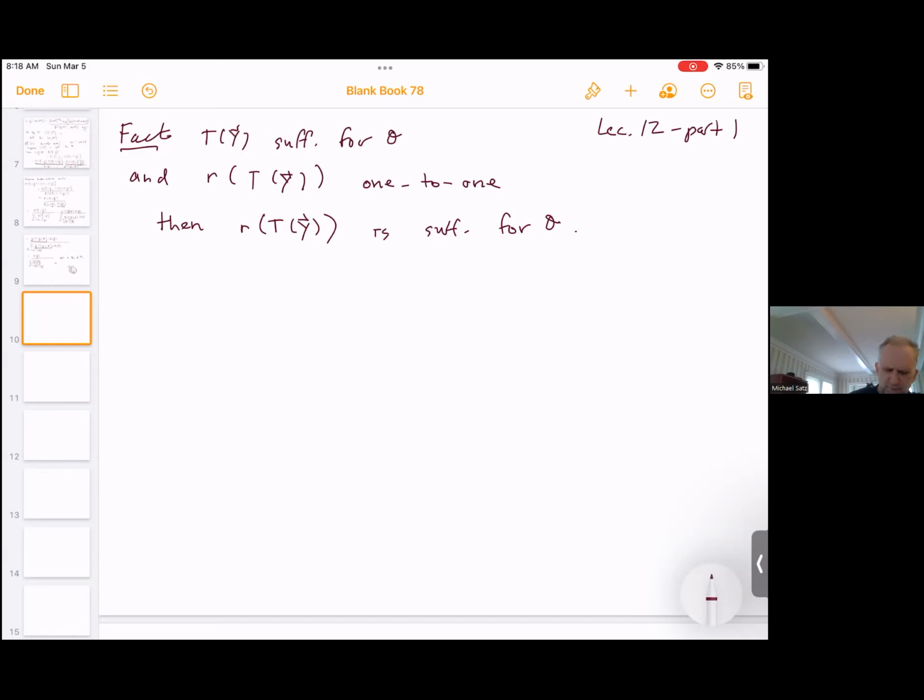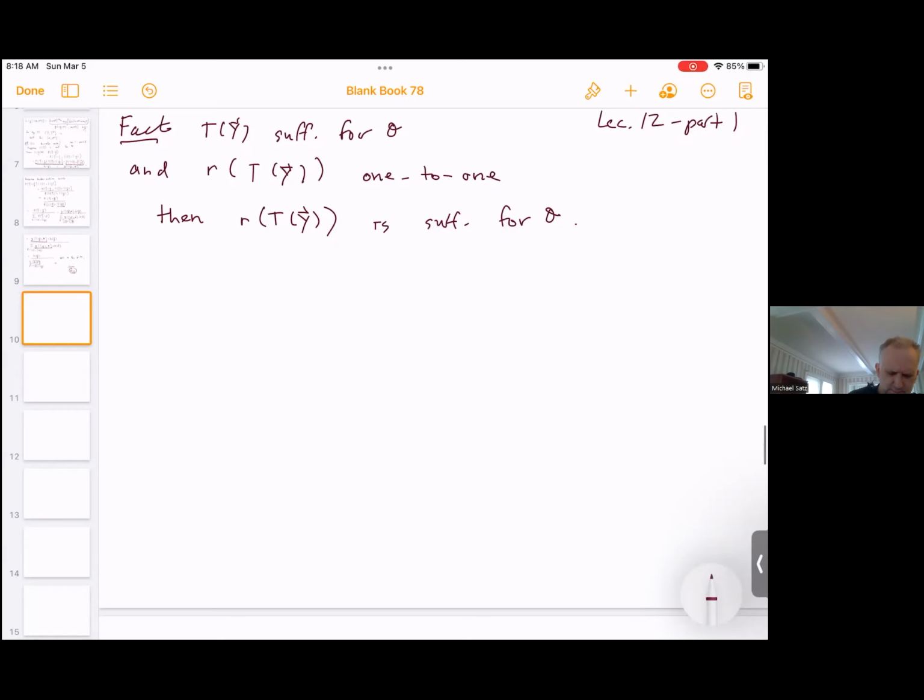Okay, so to show this, it's easy, not underwhelming, I think. So L of y given theta. T of Y is sufficient, so we can go right to the factorization criterion here, T of little y.